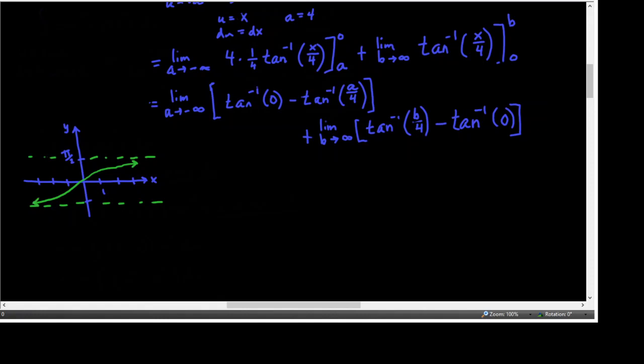So, as we're taking tangent inverse of negative infinity, so to speak, as x goes to the left without bound, what is the graph approaching? Well, it's approaching negative pi over 2. So again, the tangent inverse of 0 was 0, so I'm ignoring that, minus the limit of tangent inverse of negative infinity, which is headed toward negative pi over 2.